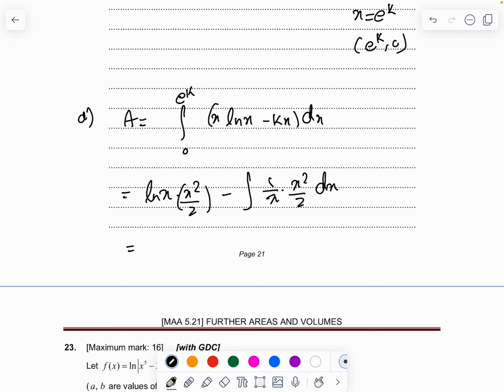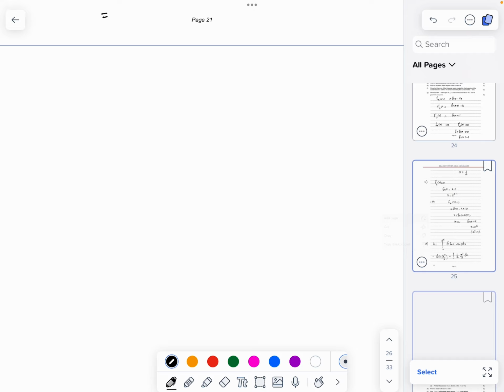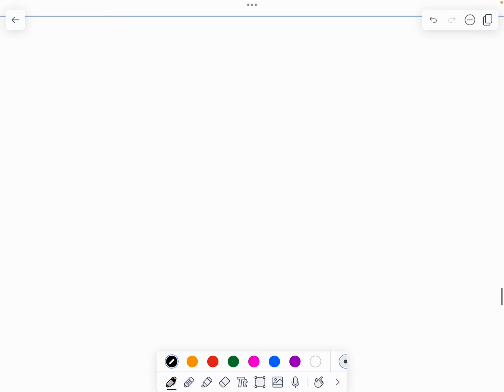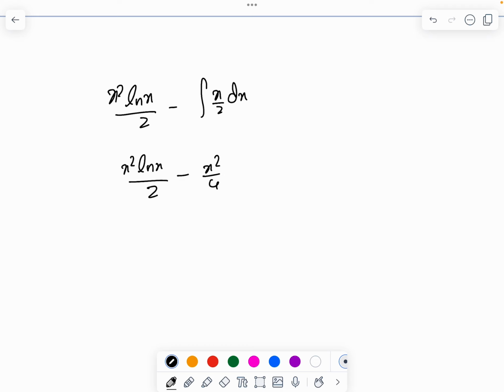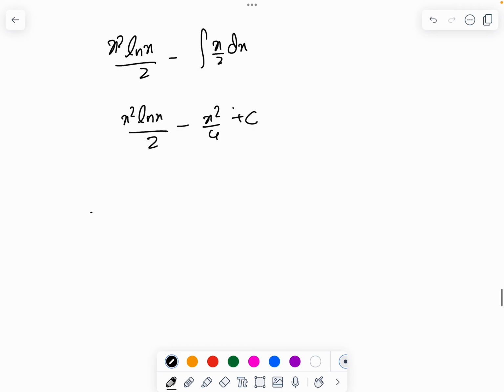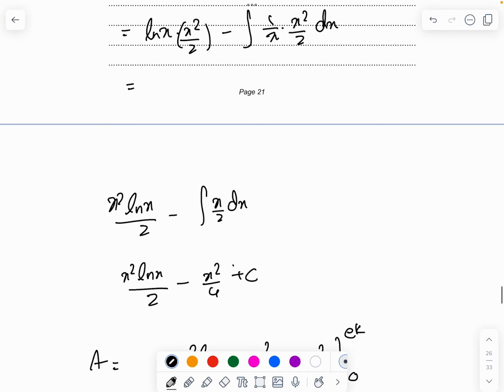So it becomes x square ln x upon 2 minus integral of x upon 2 dx. So x square ln x upon 2 minus x square upon 4 plus c. So total area will become x square ln x upon 2 minus x square upon 4 minus kx square upon 2, from 0 to e to the power k.